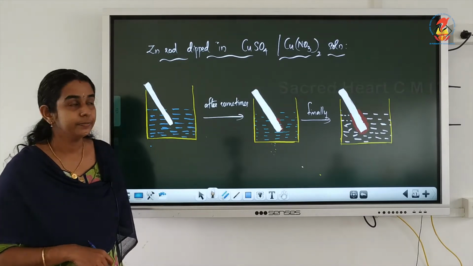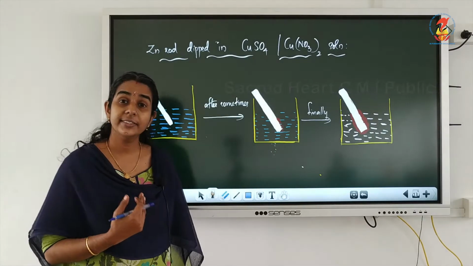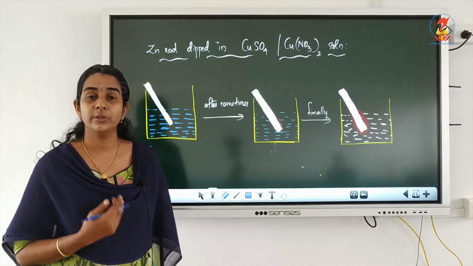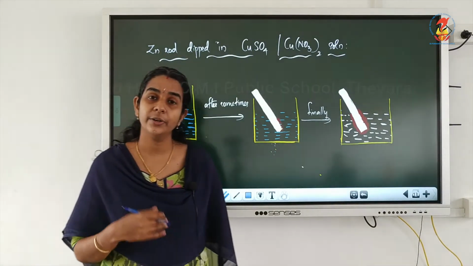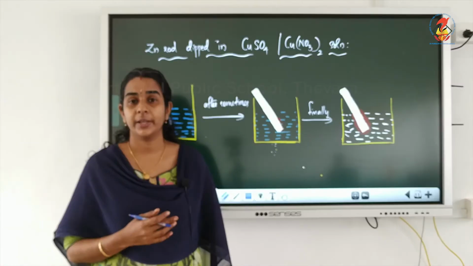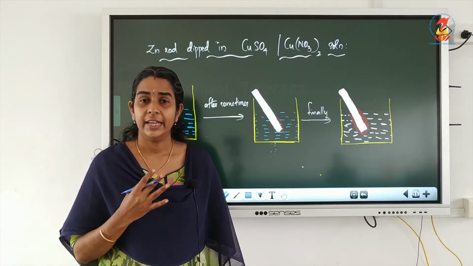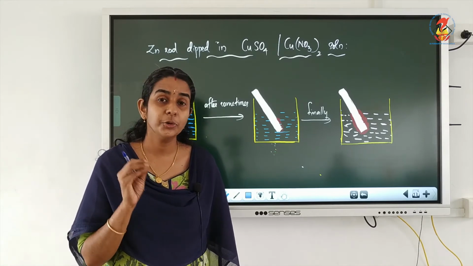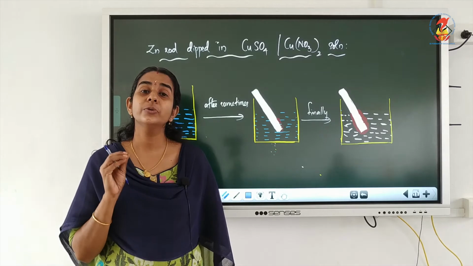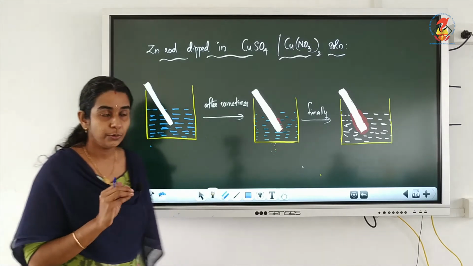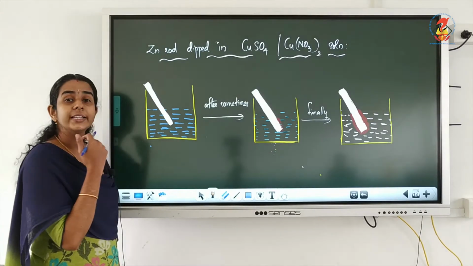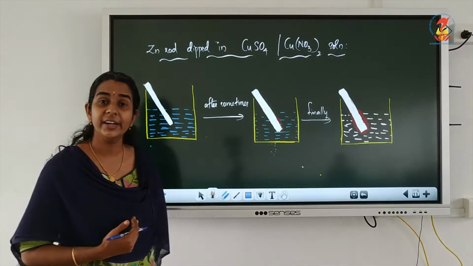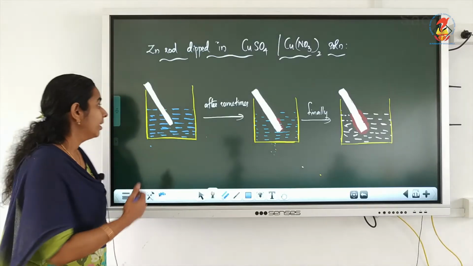For example, if we dip a zinc rod in copper sulphate or copper nitrate solution, we know that copper nitrate or copper sulphate or any copper salt is blue in color, and the blue color of copper salt solution is due to the presence of Cu2+ ions. So we are going to dip a zinc rod in blue colored copper sulphate solution.